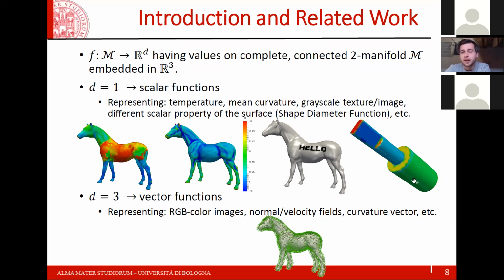Of course, scalar functions defined over surfaces can represent different properties of the surface itself. For example, a temperature, the scalar mean curvature field, a texture or a grayscale image, or a different scalar property, such as the shape diameter function.